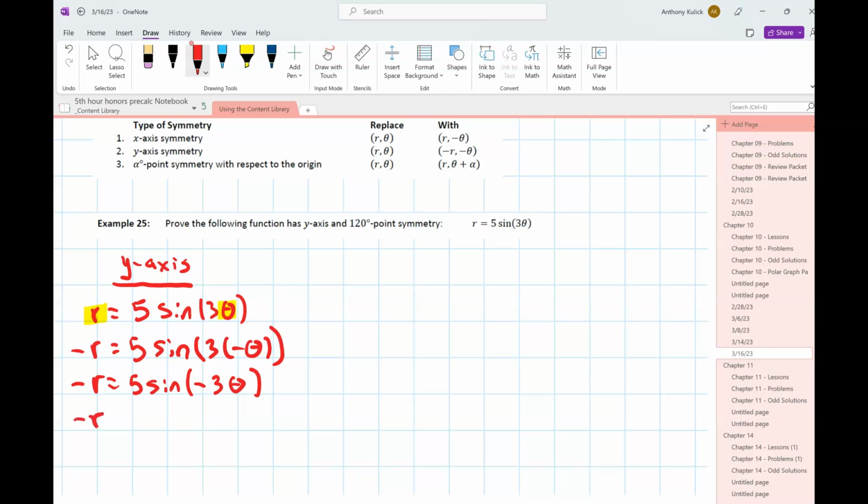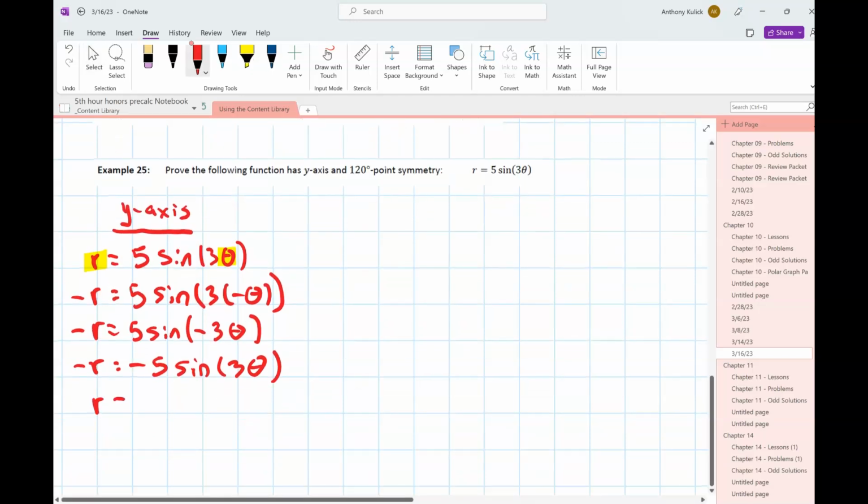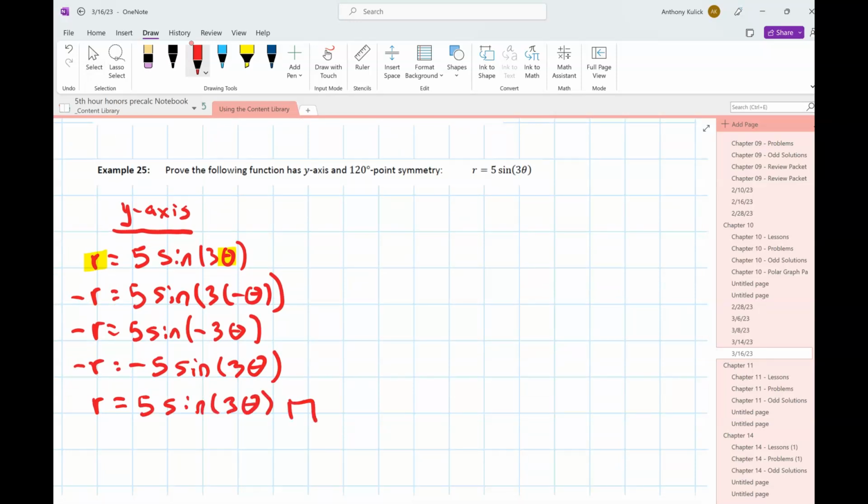So that's going to turn into negative sine of theta. And if we divide both sides by a negative, we're back at the start, which is what we wanted to have happen. So we're done. Everybody okay on that one? Questions on any of that? Okay.